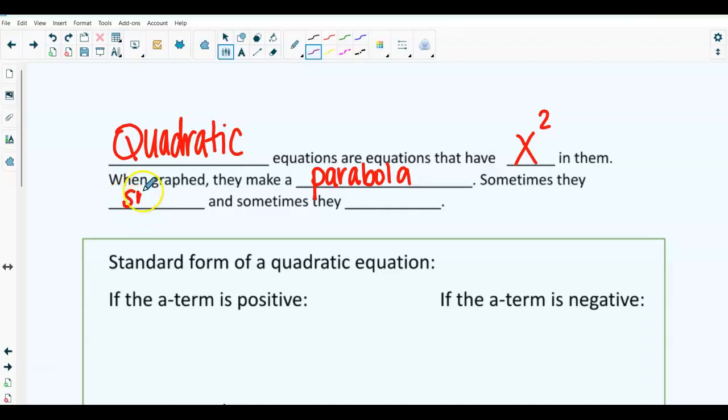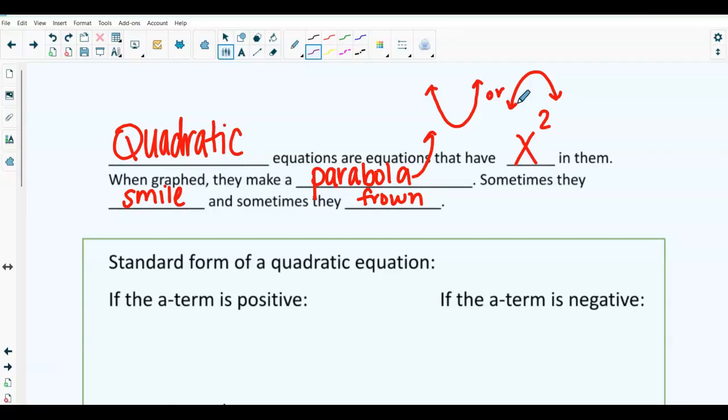Sometimes they smile, and sometimes they frown. So if you remember, we did this back maybe August, September time, parabolas are the graphs that look like U's. They can look like that or that.